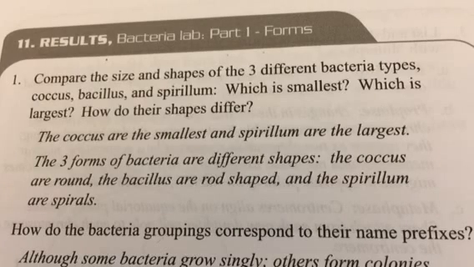Number 2, how do the bacteria groupings correspond to their name prefixes? Well, some bacteria grow singly, and others form colonies of cells that display different groupings. For example, 2 cells that group together would be called a Diplococcus or Diplobacillus.